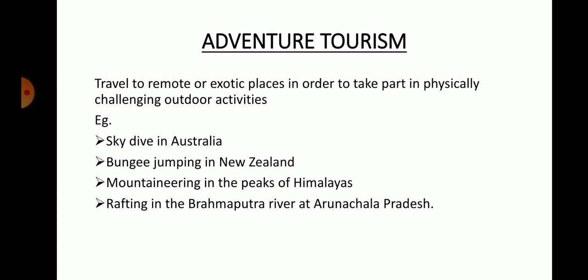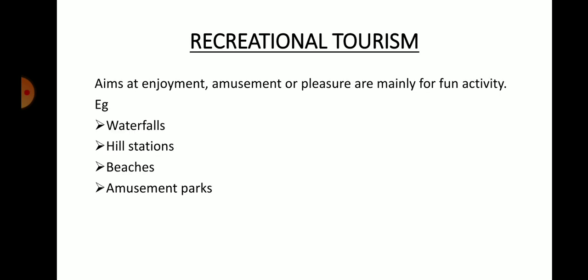Bungee jumping means they tie a knotted thread to their waist and jump from a tall building. Then mountaineering, climbing the peaks of the Himalayas, and rafting in the Brahmaputra river at Arunachal Pradesh. Using a small single boat moving in the river is called rafting.